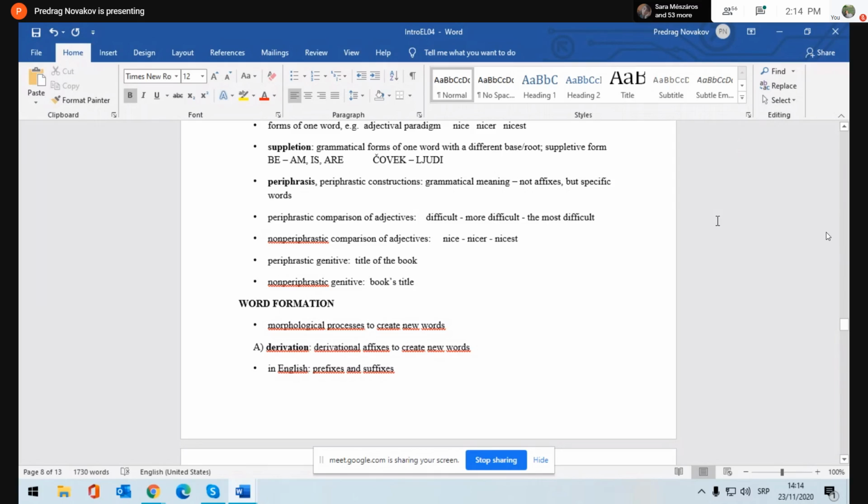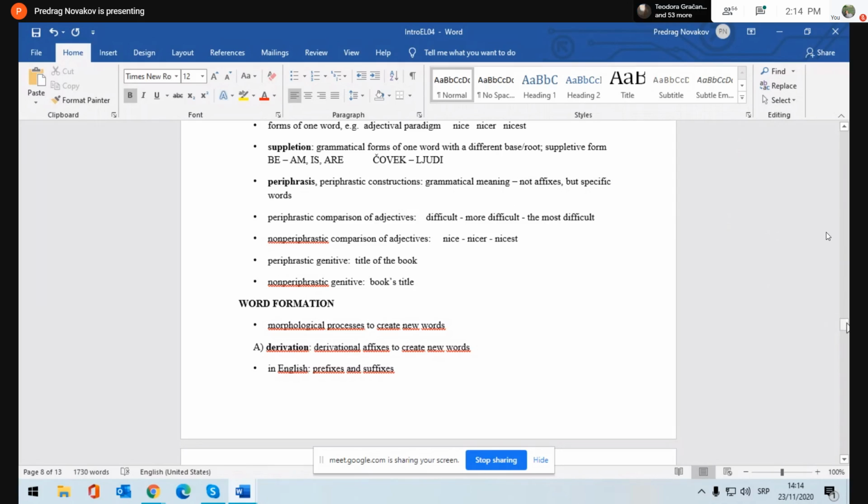In English, instead of nice, nicer, nicest, you have more and the most, like difficult, more difficult, the most difficult. So we have inflectional comparison like nicer, nicest, and periphrastic comparison, because we have words like more, the most for grammatical meanings, not just affixes. This is periphrasis.